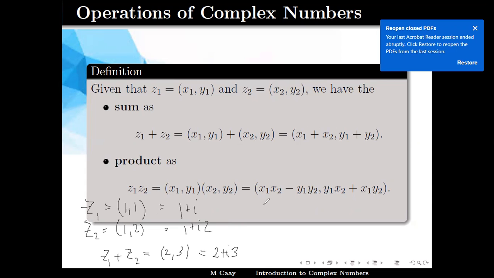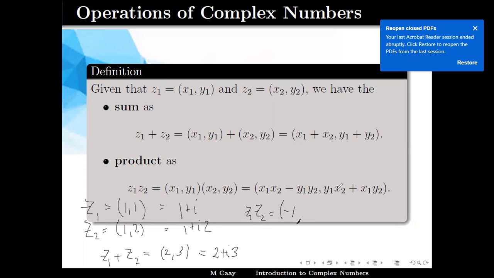Now, if we have to get the product of z1 and z2, we only have to follow these formulas, with x1, x2, y1 and y2 here. So we'll multiply 1 and 1 here. So I'll get 1 minus the product of y1 and y2. So this is 1 and 2. So that's 1 minus 2. So you get -1.